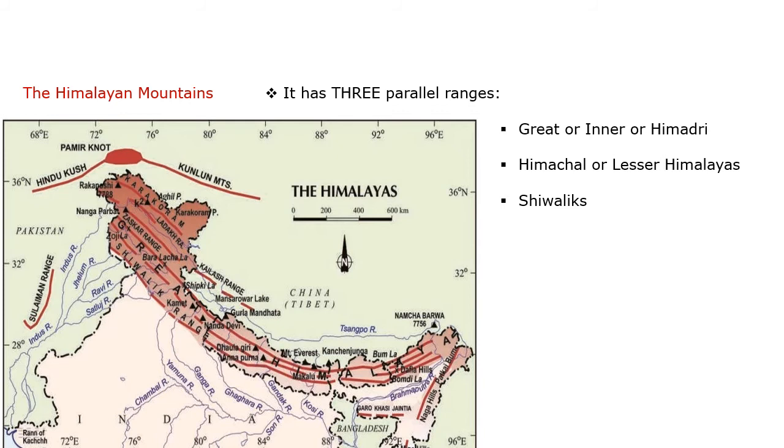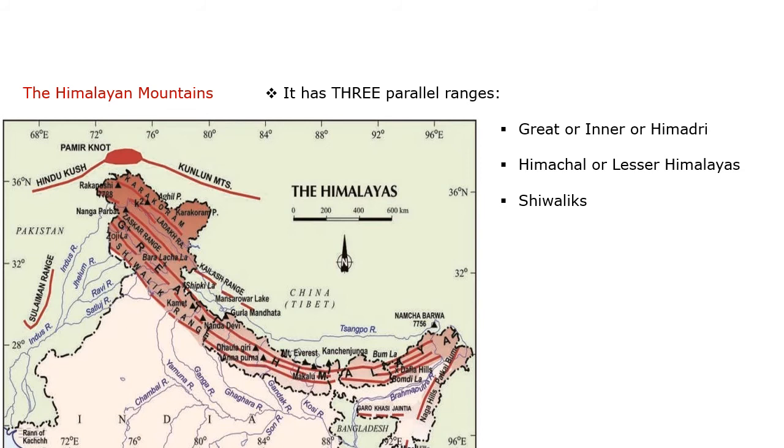And the final outermost parallel range is called Shivaliks. Its altitude is from 1100 meters to 900 meters. Its width is 10 to 50 kilometers. It is composed of unconsolidated sediments brought by the rivers. It is generally covered with thick gravel and alluvium.